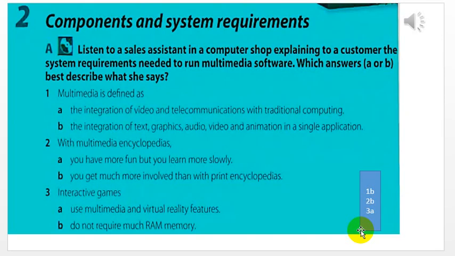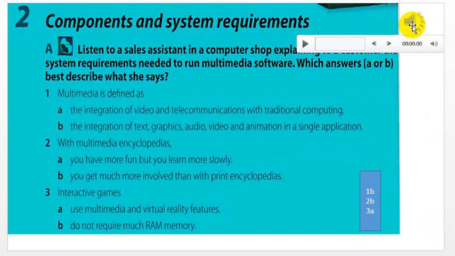Components and system requirements. This is the second task. Here we have listening. You can click here and listen to the audio clip, and listen to a sales assistant in a computer shop explaining to a customer the system requirements needed to run multimedia software.